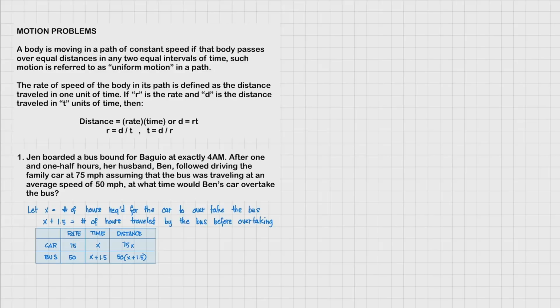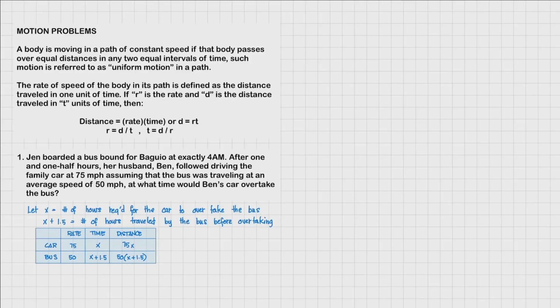And then to further simplify this, we're going to use a table to summarize what is given in the problem. So for the rates, or the speed at which the vehicles are traveling, for the car we have 75 miles per hour, and for the bus we have 50 miles per hour. And the amount of time they are traveling: for the car, it has been traveling for x hours, while the bus is traveling for x plus 1.5 hours.